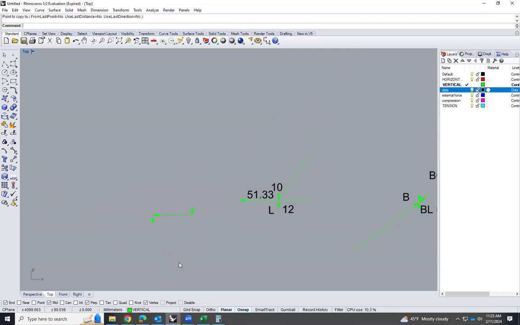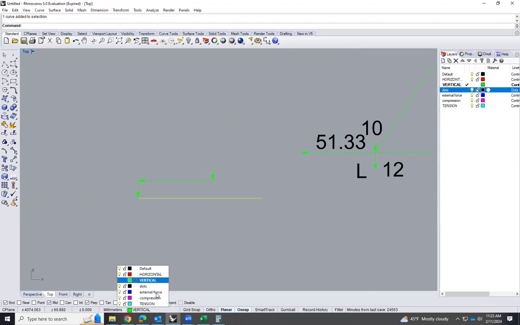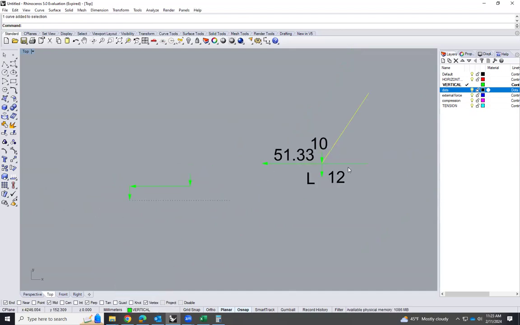And now I have two lines. I have a horizontal one, so from this point it has to go horizontally. This is a dot line because I don't know the direction yet. And then this one has to close the polygon.